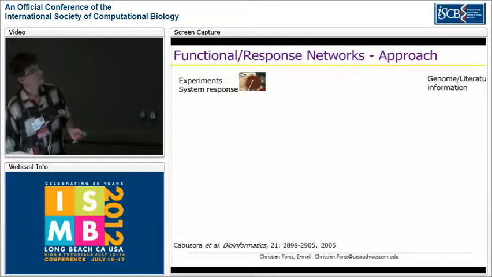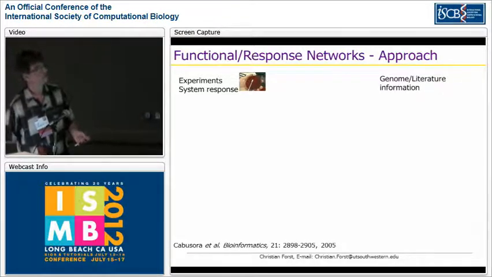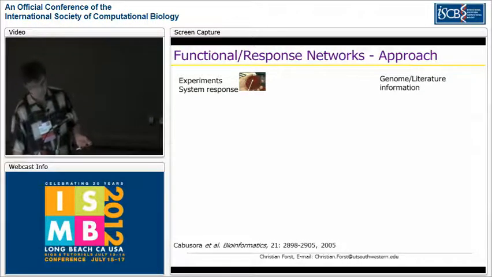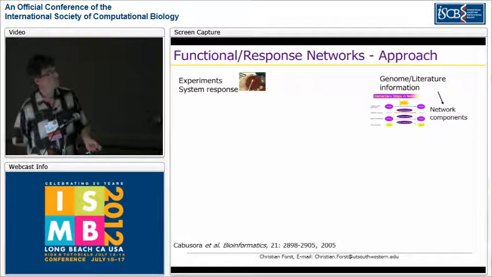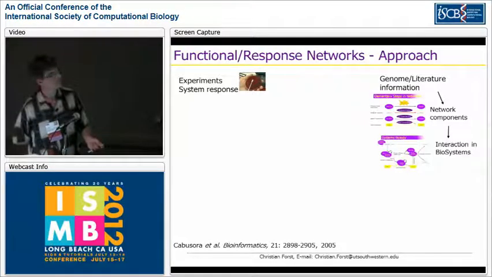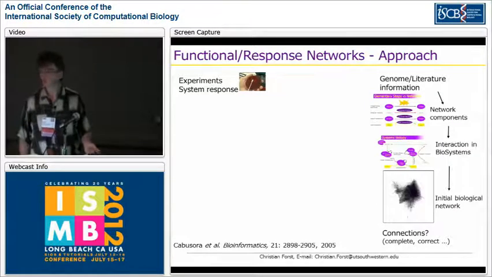It combines them with genome literature information, mainly, of course, interaction information, so I know which types of components, proteins, DNA, genes, as well as metabolic components and enzymes interact. I need to know the context of these interactions that happen in the cell. Then I assemble everything and come up with my fastball.